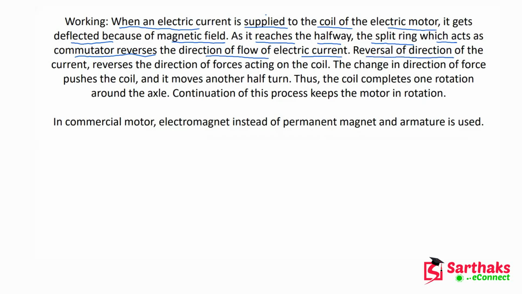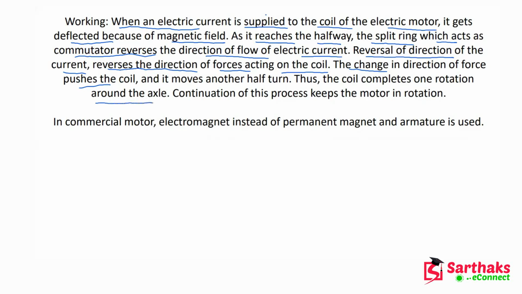Reversal of the direction of the current reverses the direction of force acting on the coil. The change in direction of force pushes the coil and it moves another half turn. Thus, the coil completes one rotation around the axle. Continuation of this process keeps the motor in rotation. So basically this is the theoretical part.